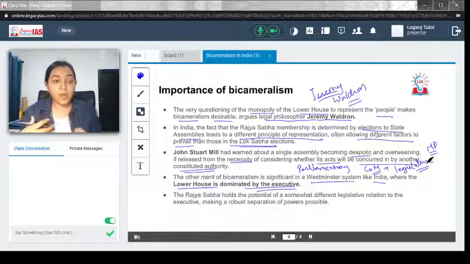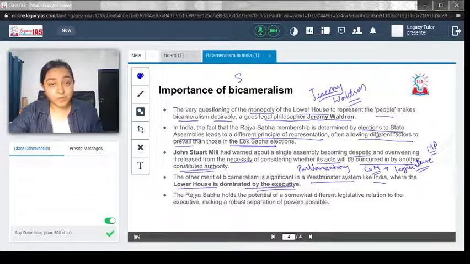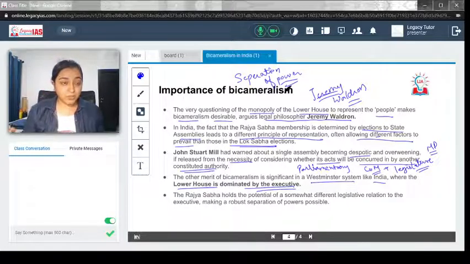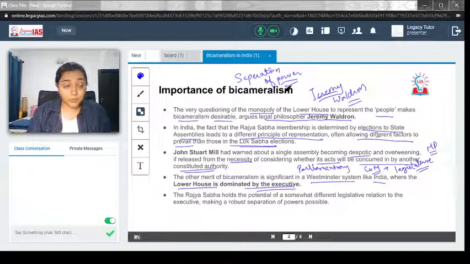So the whole idea of separation of powers is not very much followed in India because we have executives and legislators almost at the same place. Though there is an independent judiciary, the executive and legislature are very much combined when you are talking about the council of ministers.